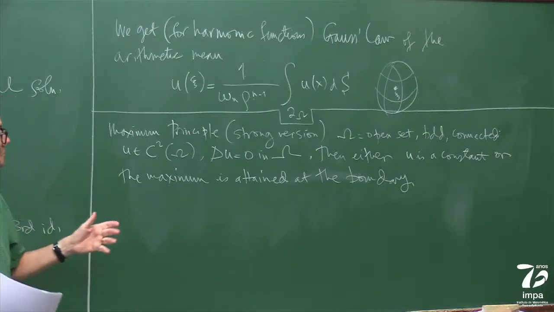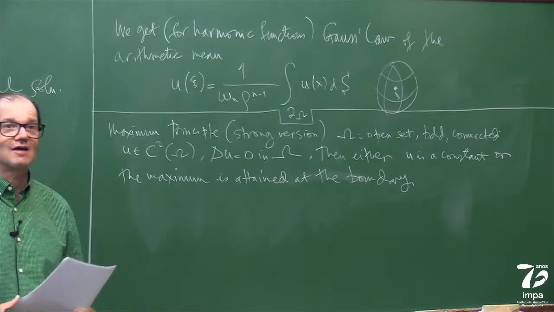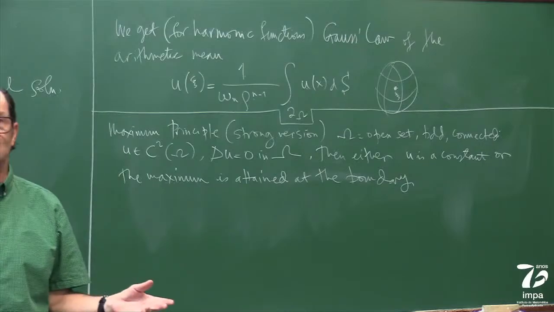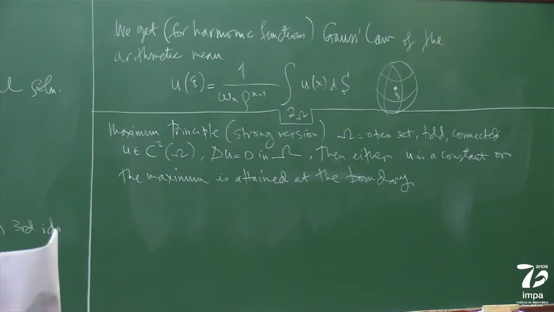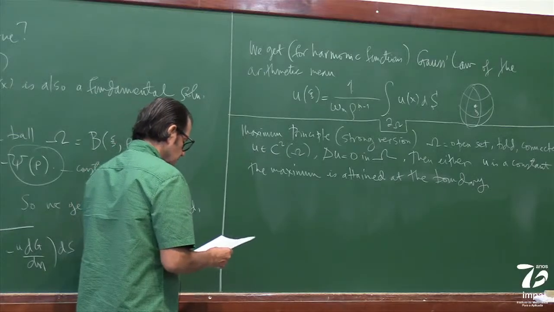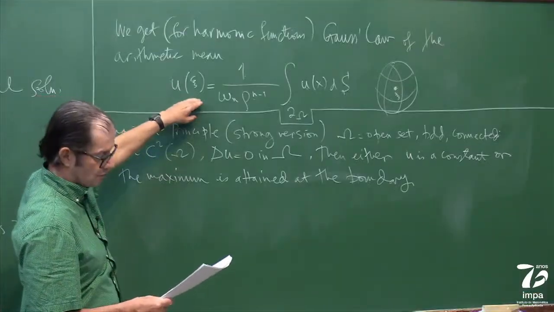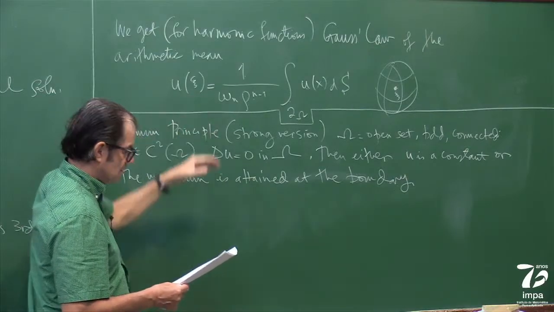I mean, this is kind of intuitive, right? If the guy inside is sort of the average of what's around it, the average cannot be higher than what's around. So this is the maximum principle.